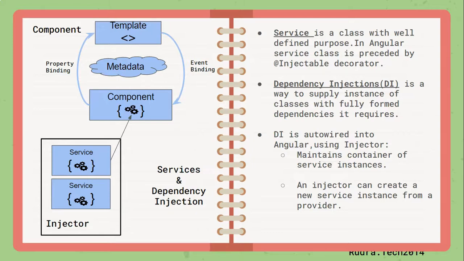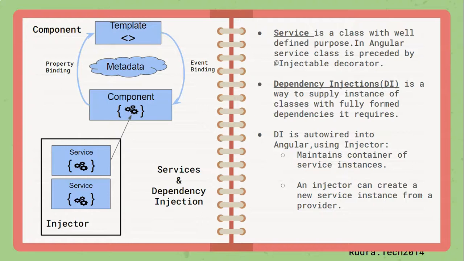Then is dependency injection. The DI is a way to supply the instances of a class with fully formed dependencies it requires. That means if you want a class ready to use within your component, the dependency injection will provide it ready-made with all the dependencies of the required class. So you don't have to worry and create a service class and look after its dependencies as well.